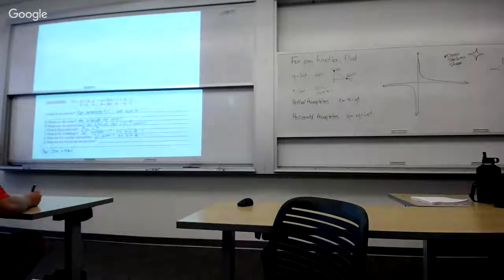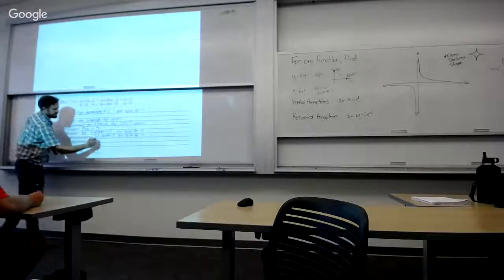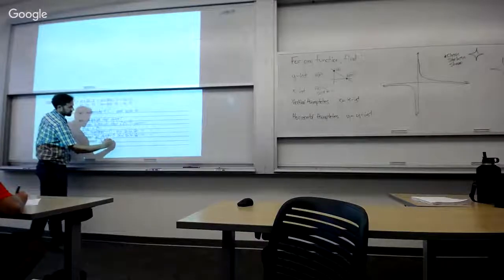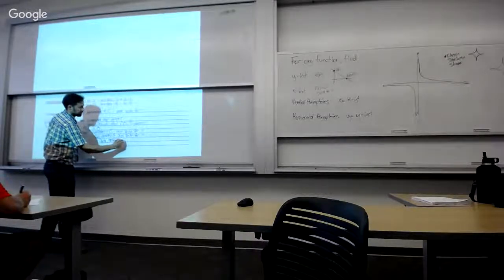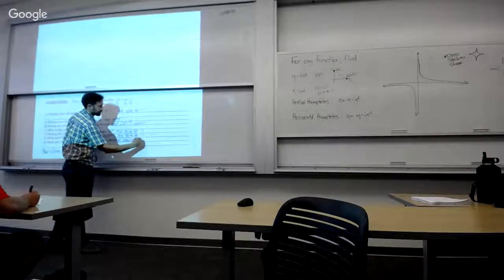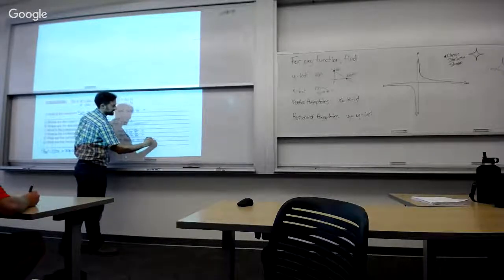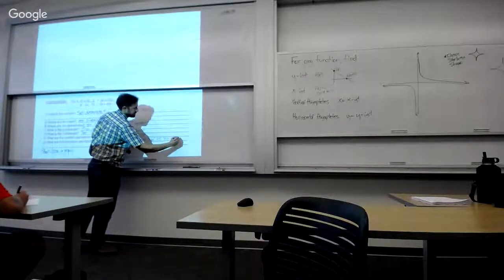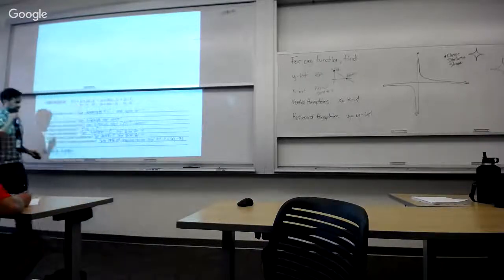And what are the horizontal asymptotes? Take the ratio of the leading terms and let x become very, very large in both the positive and negative direction.